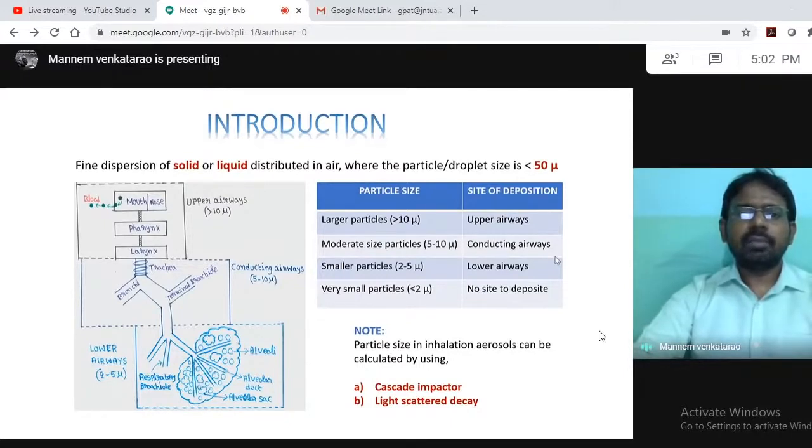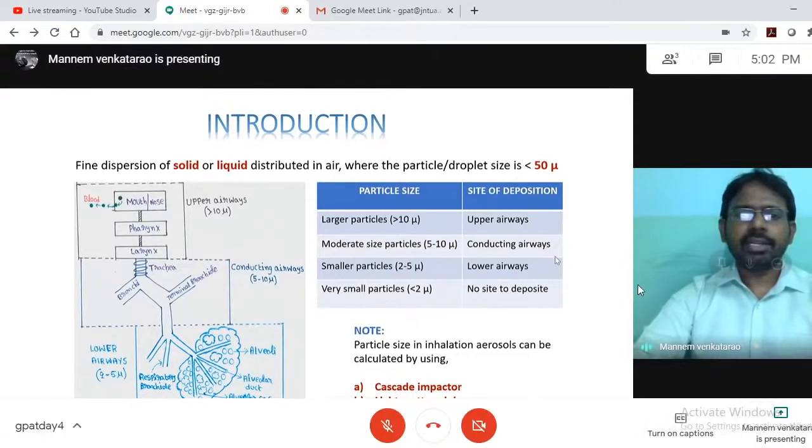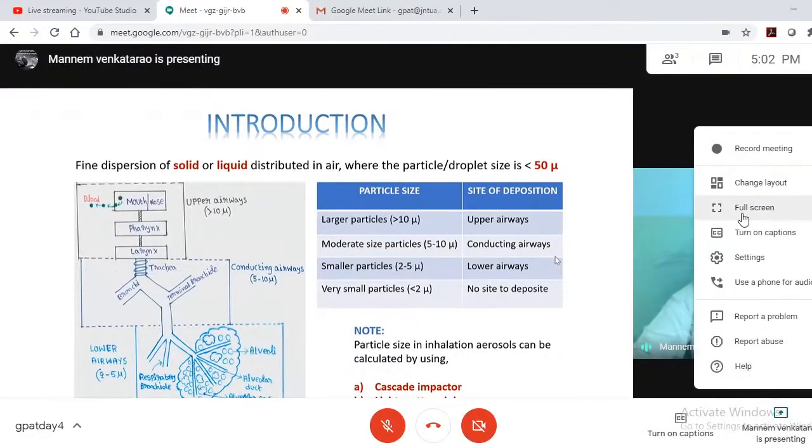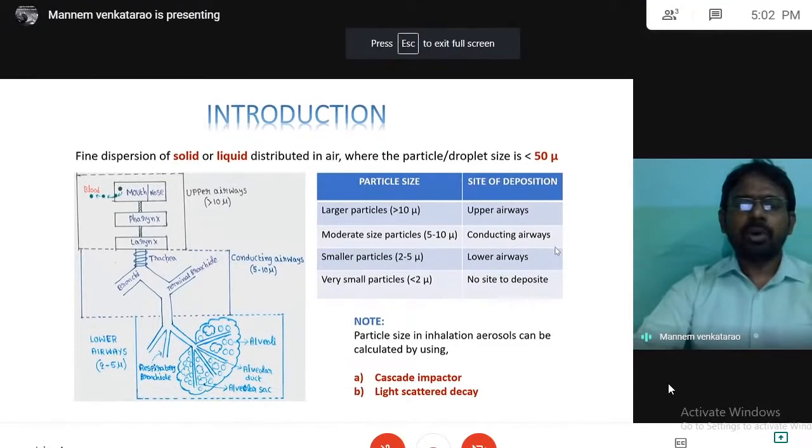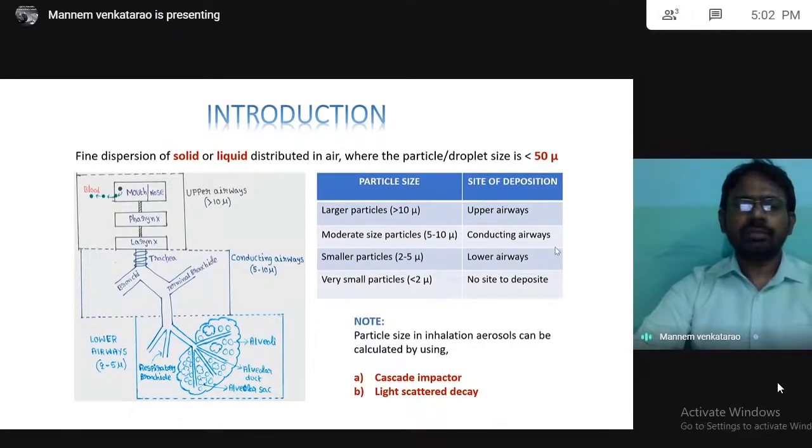With this, the chapter will complete. Okay, first one, introduction. In introduction, definitions and some important points regarding aerosols. Second, basic aerosol technology, means what are the basic components present in every aerosol system. Third heading, evaluation of aerosols. Fourth one is solving the previous questions. Okay, so first I will start the introduction.